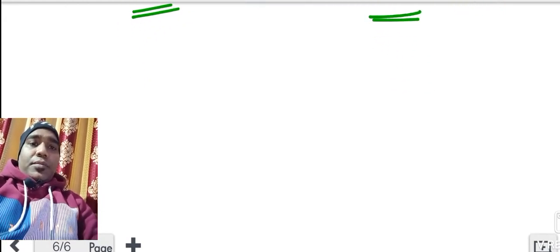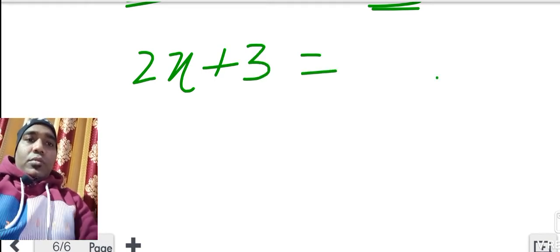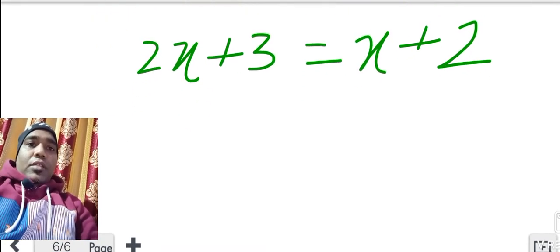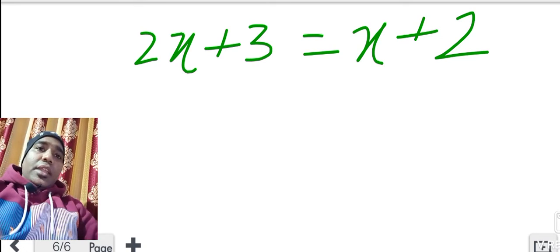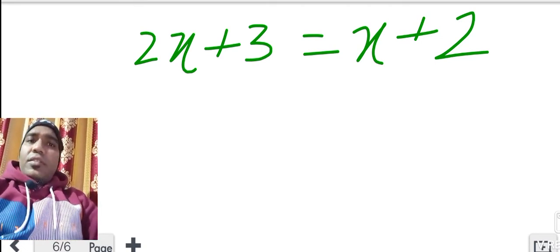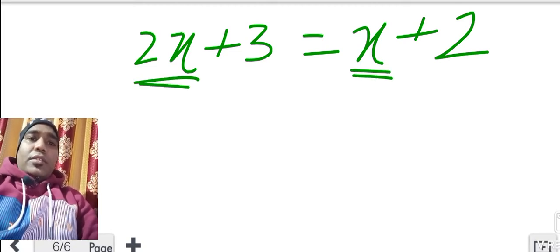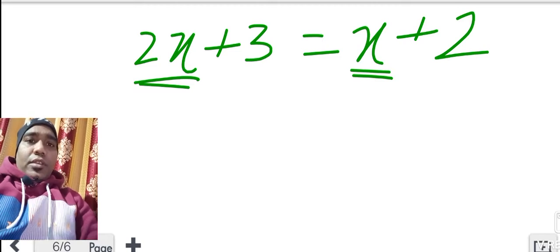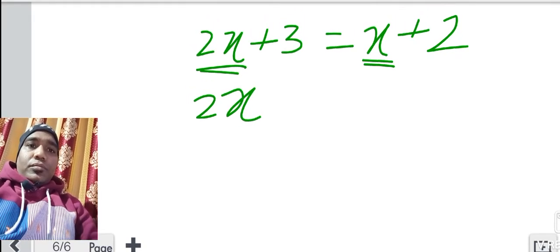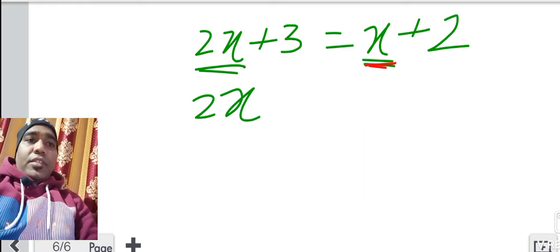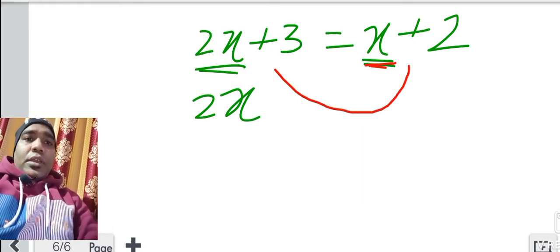Now let's see. 2x plus 3 is equal to x plus 2. Then how will we solve? First of all, we bring the like terms together. Like terms you must have studied in class 6 and 7 also. The like terms here are this 2x and this x. So the like terms will be brought to one side, from RHS to LHS.